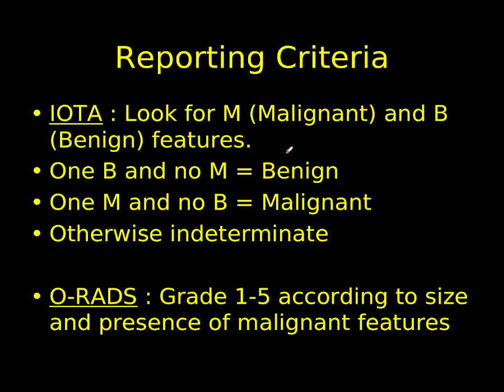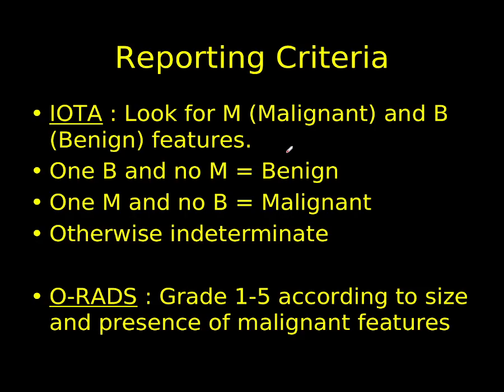One is the Iota system that was developed in Europe, and the other is the ORADS, which has been more recently developed in the United States, and they're both pretty good really. So the Iota criteria, what we've got is 6 benign and 6 malignant features on ultrasound, and we should look for those. If you have 1 benign and no malignant, then it's most likely to be a benign lesion.